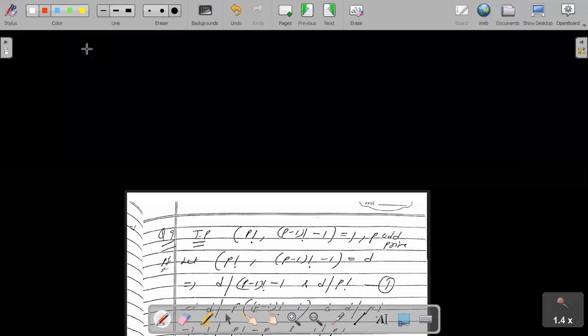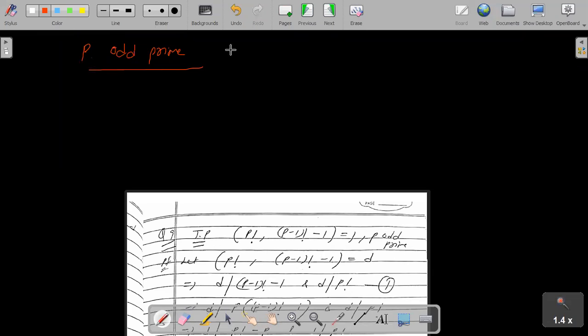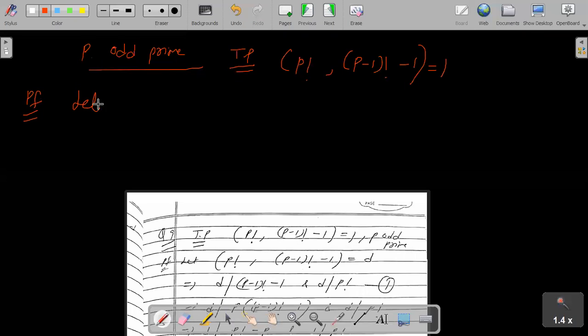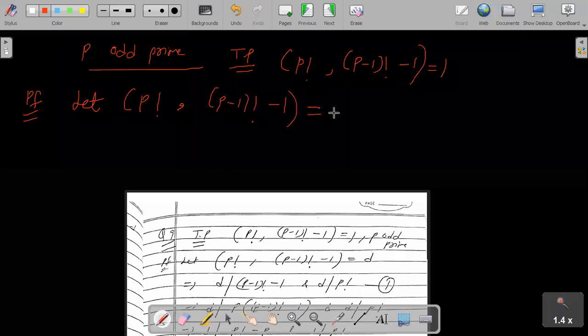What you have to show is that if p is an odd prime, you have to prove that the GCD of p factorial and p minus 1 factorial minus 1 is equal to 1. हमें पता जब भी हम ऐसे क्वेश्चंस करते थे, हम GCD को d ले लेते थे. Let the GCD of p factorial and p minus 1 factorial minus 1 be d.